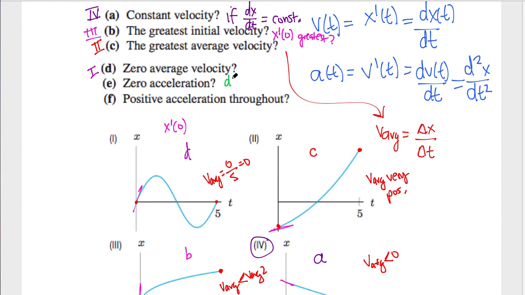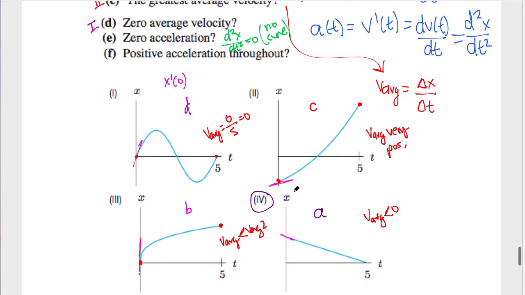So d squared x dt squared equals 0. What does that mean? That means no curvature, no concavity. So which of these has no concavity? Well, that is number 4. So E applies to number 4.